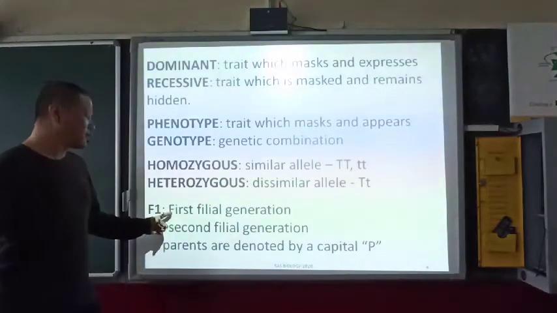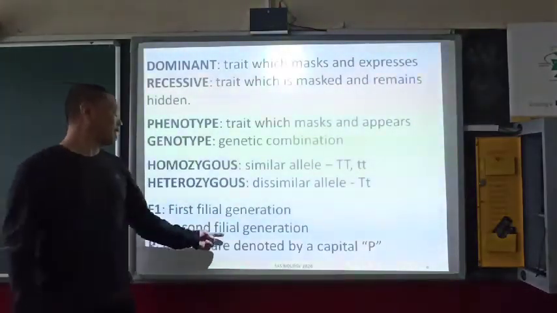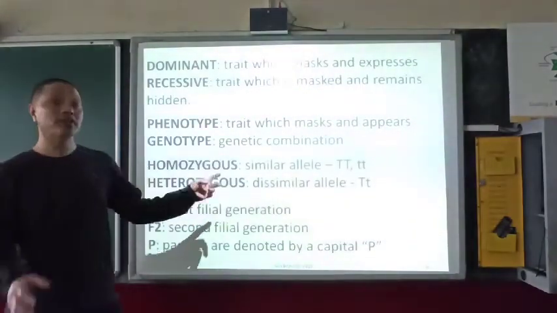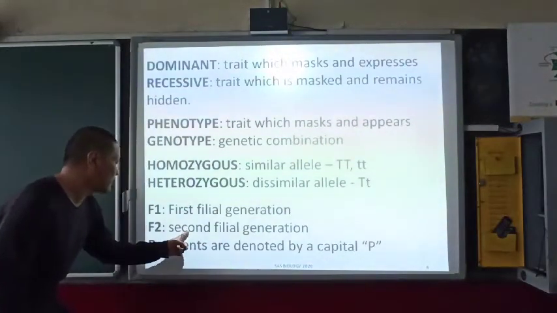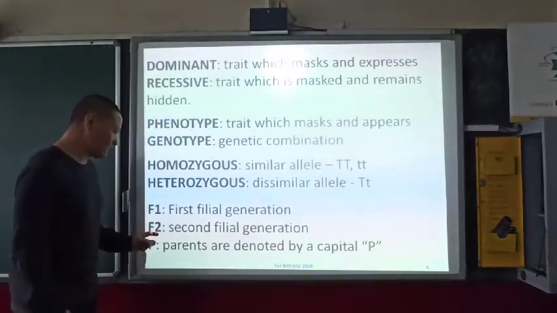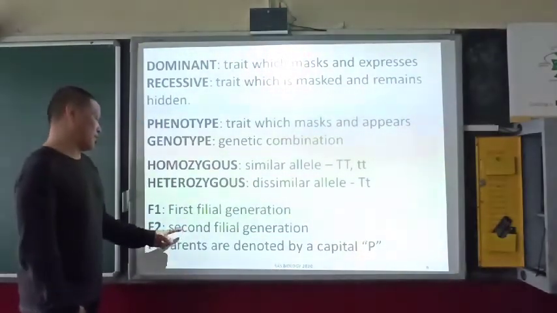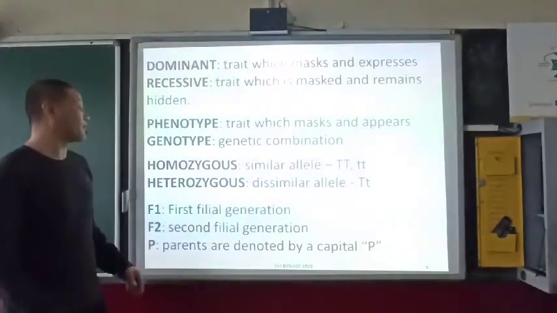And to achieve the second filial generation, we need to cross the first filial generation. So you can think of the parent being the grandparent of the second filial generation. So not to confuse, okay? F2 is the grandchildren of P, so to speak.